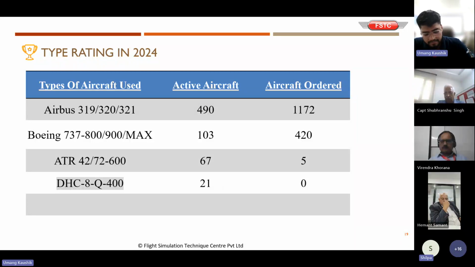So I just wanted to inquire about the slot availability in FSTC, and also know how long is the duration and what would be the fee structure for the same. Okay. Shilpa, I will like to tell you that currently, this course duration is about 40 to 50 days. And the fees for the Boeing is 19 lakh rupees.